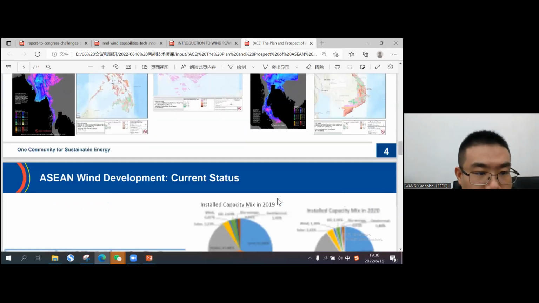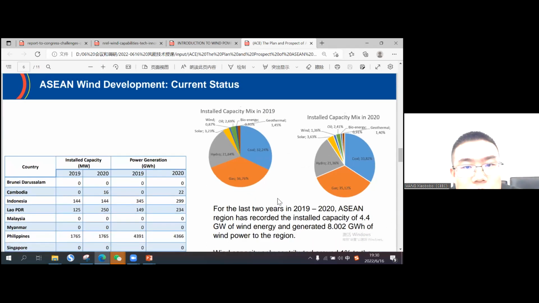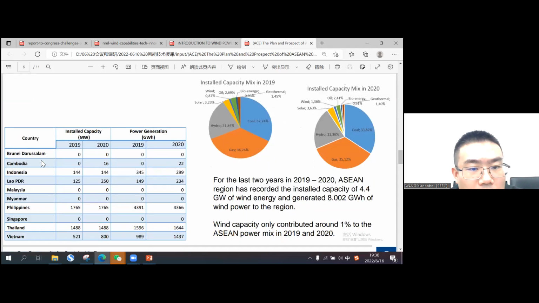And for Asian wind development, the current state, as we can see, different countries have different installed capacity and power generation. We can see Vietnam, Thailand, Singapore, Philippines. Singapore is too small, but Singapore is currently estimating their offshore wind plant.